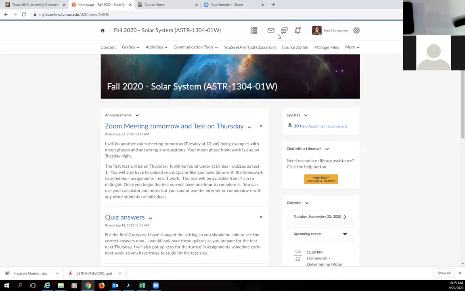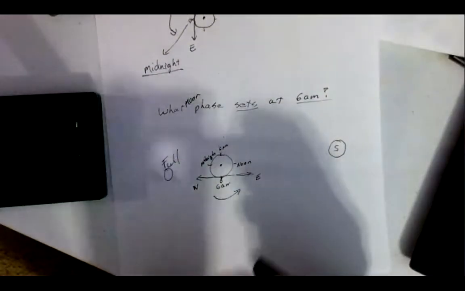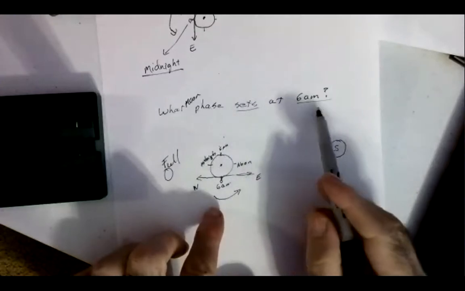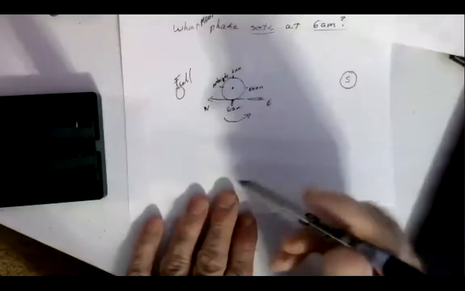Yes, for the meridian, when the moon crosses directly above head, is that when it crosses the meridian? Correct. So here, let me go back to one of these. If you see this one down here, moon phase sets at 6 a.m. But if I said, instead of that, let me just do a different problem.